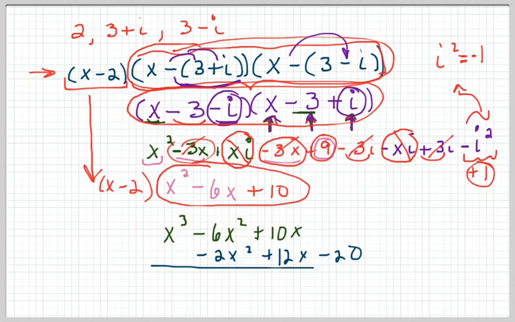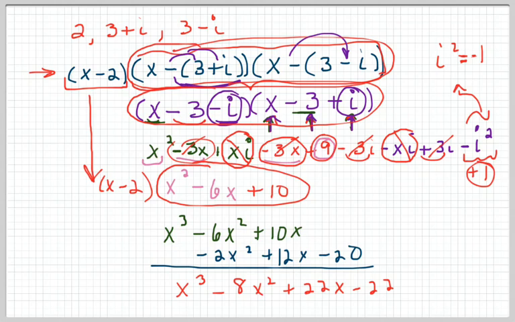And adding up all my like terms, I get the final result, which is x cubed minus 8x squared plus 22x minus 20. And that right there is the polynomial that has the solutions that we wanted at the very beginning.